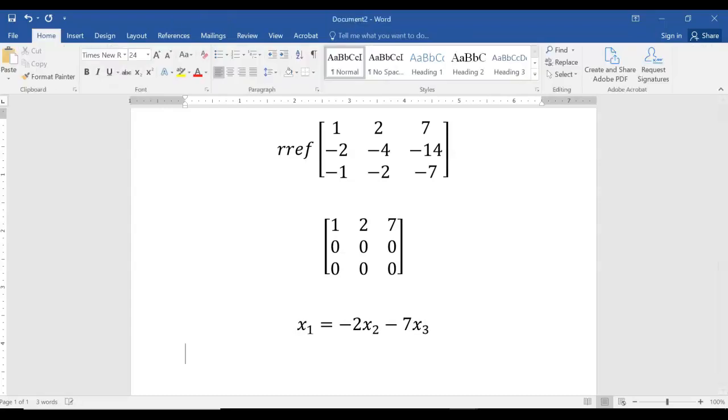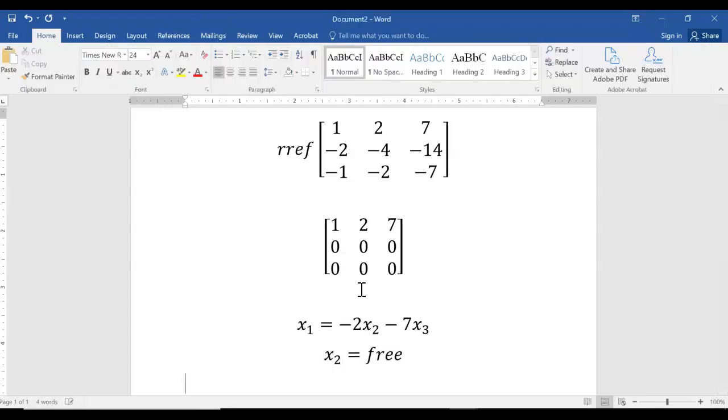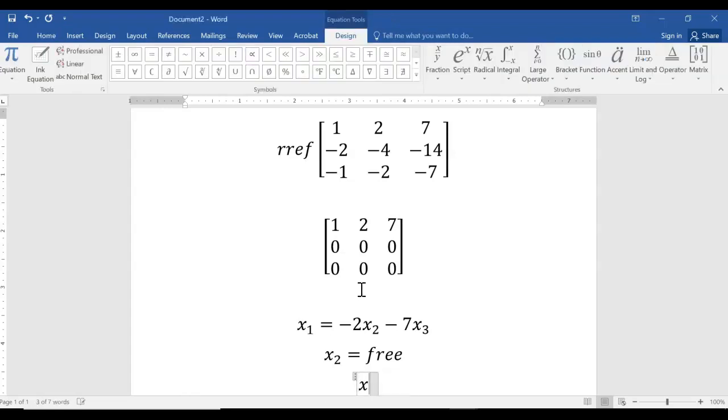And what does that mean about x2 and x3? Well, because x1 was the only column that was a pivot column, since x2's column and x3's column both are not pivots, x2 is a free variable and x3 is also a free variable.